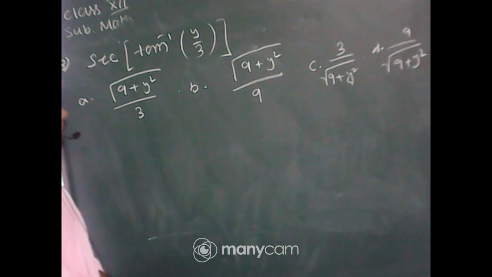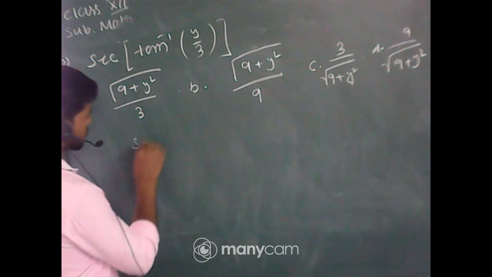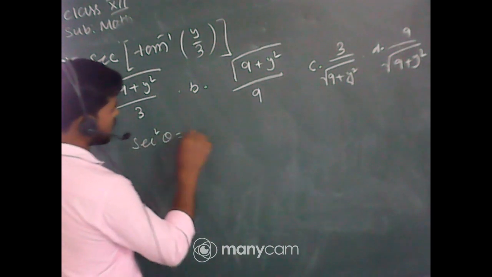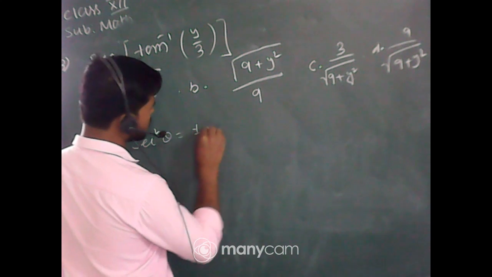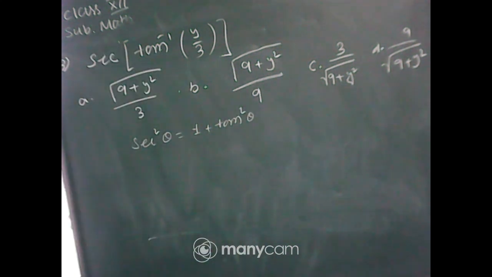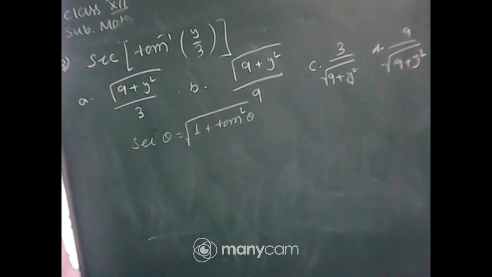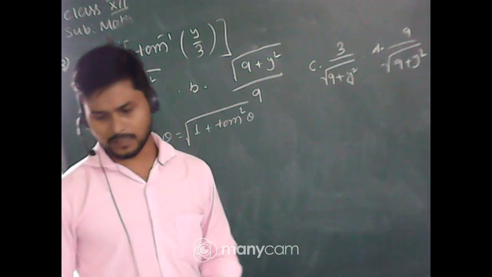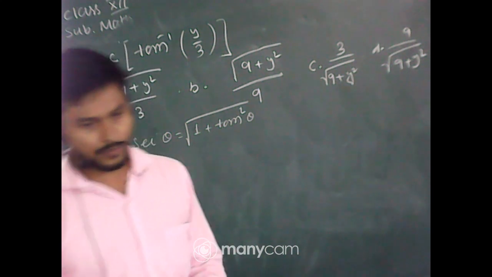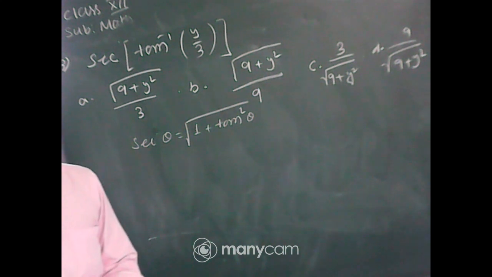Okay, let's see how we can solve this one. Look, we know a formula that sec square theta is equal to 1 plus tan square theta. That means sec theta is equal to root over of 1 plus tan square theta. Okay, so we can represent sec theta in terms of tan theta.